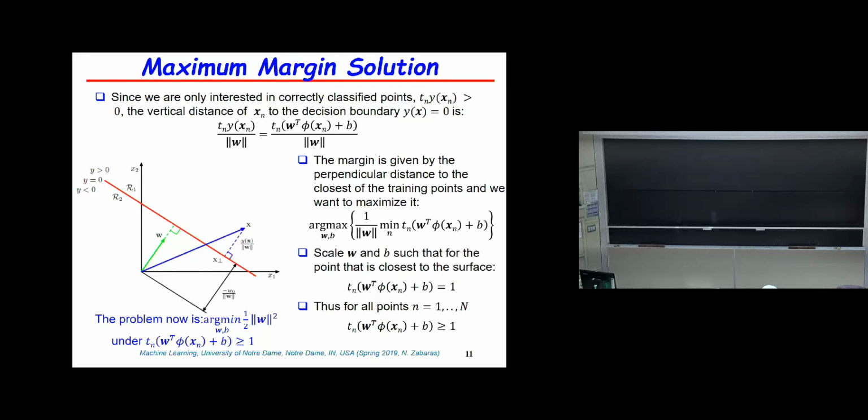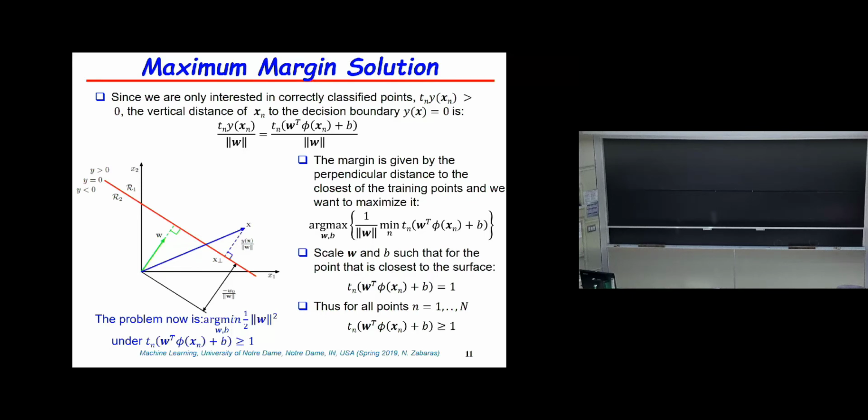And this is a signed distance because on this side of the hyperplane, y is positive, on the other side, y is negative, right? But I am going to modify this distance. If I take a point xn, I'm going to define the distance as tn times y of xn to make it an absolute distance. Because you remember, for all training data points, tn times y of xn has to be what? Because we're going to separate them exactly.